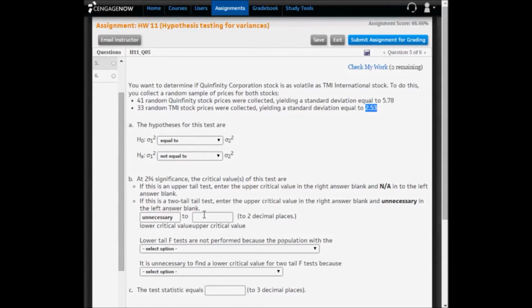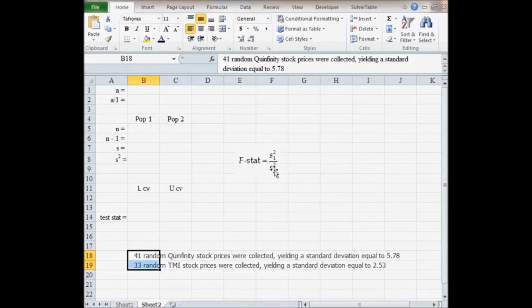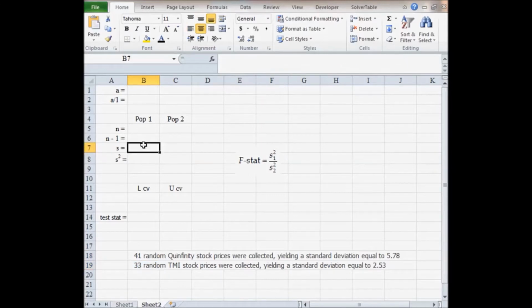So now we need to find the upper critical value of this test. I'm going to copy this and paste it into Excel. The F-stat is the ratio of two sample variances, and it is defined to be the ratio of the bigger sample variance divided by the smaller sample variance. So population 1 here is going to have a sample standard deviation of 5.78 because it's bigger than that of the TMI stock price.